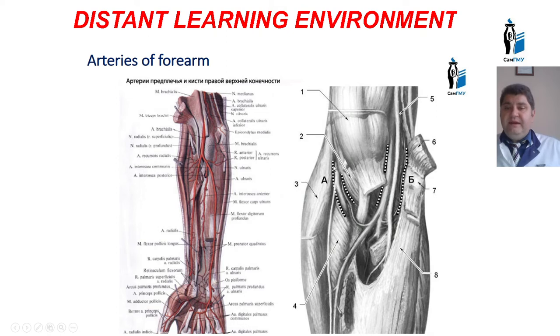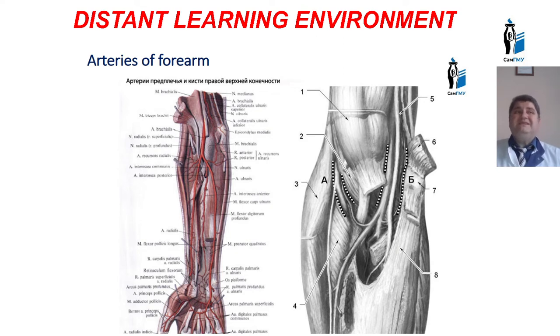You may see that the lateral border is the groove between the biceps muscle and the brachioradial muscle, sulcus brachioradialis. Also the medial bicipital groove is between the biceps muscle and the pronator teres muscle, and the superior border is the brachial muscle.